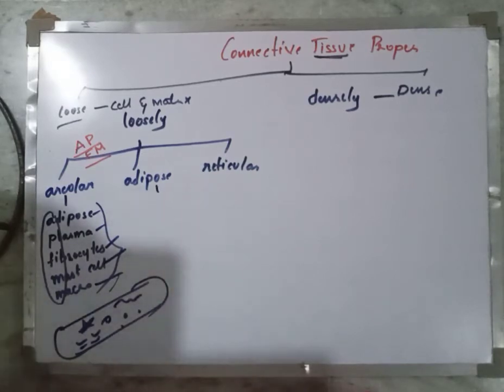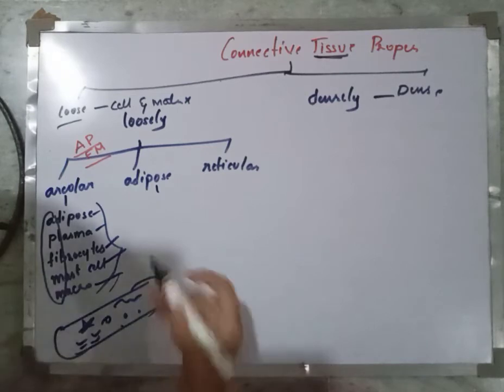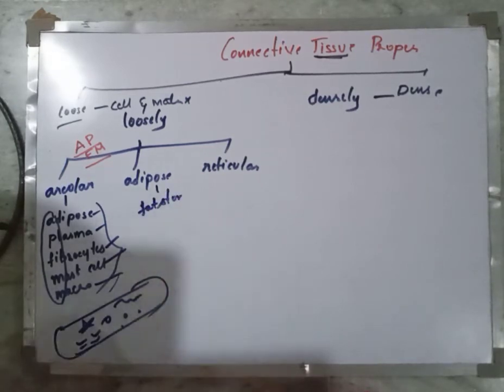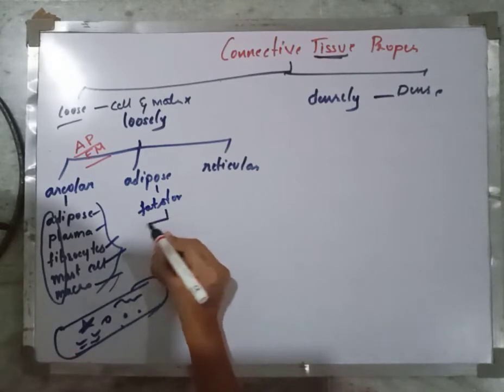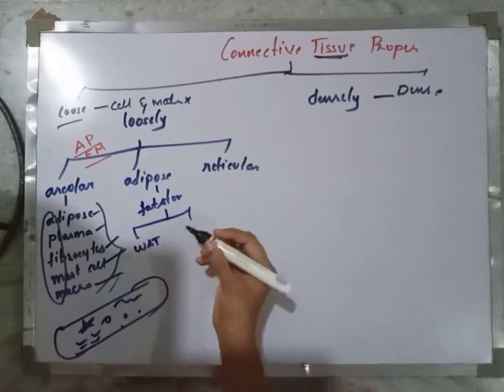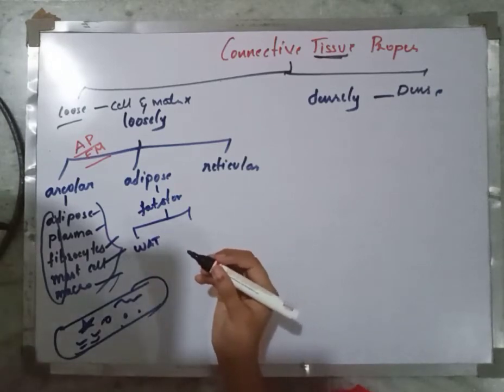Whereas the main function of adipose tissue is fat storage. This adipose tissue is further classified into white adipose tissue and brown adipose tissue.